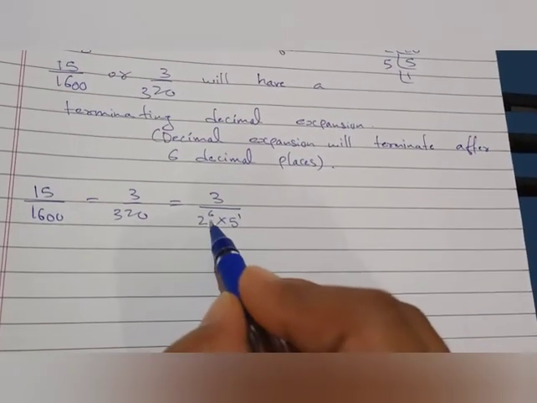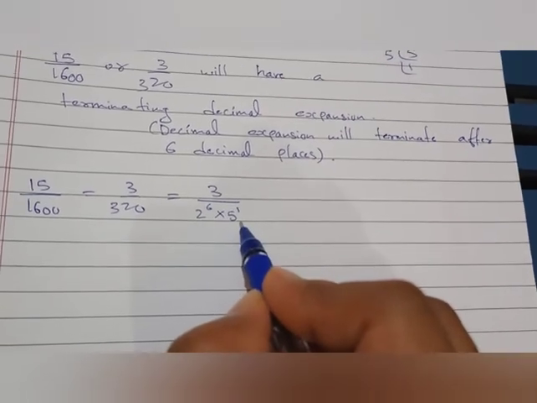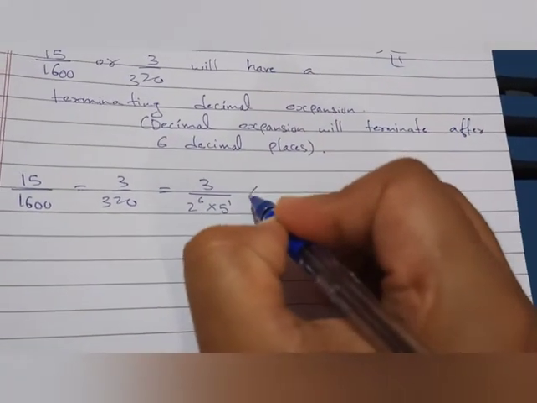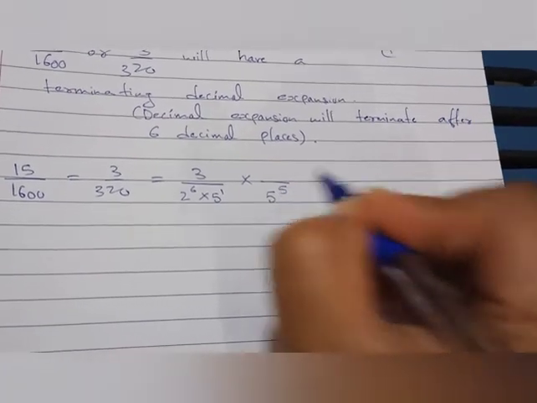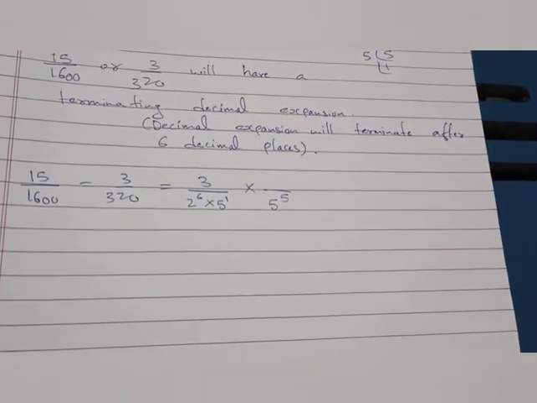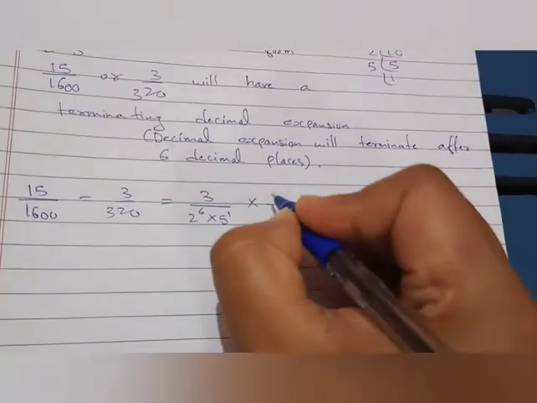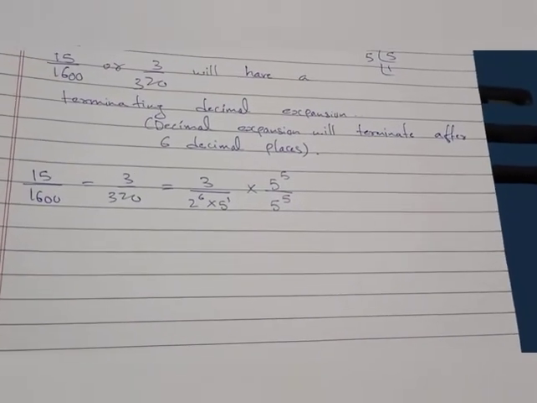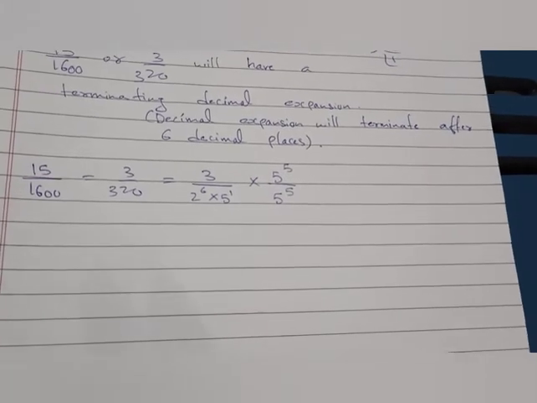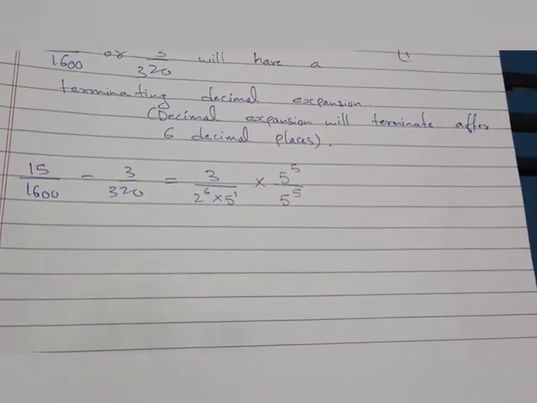In order to make equal number of 2s and 5s in the denominator, we need to multiply 5 to the power 5 in the denominator. In order to maintain the equality, we need to do the same thing in the numerator as well. This is how we find the decimal expansion without doing the actual division.